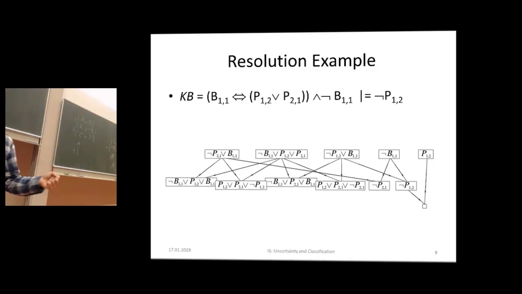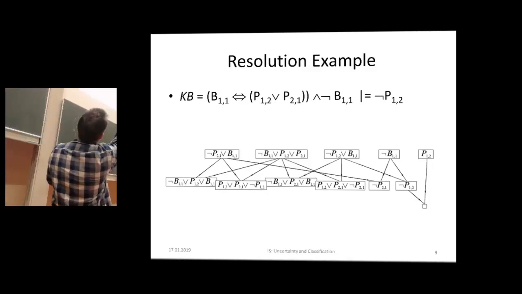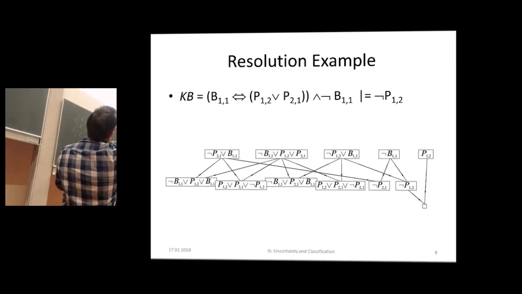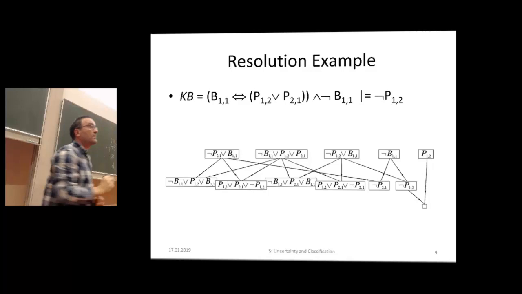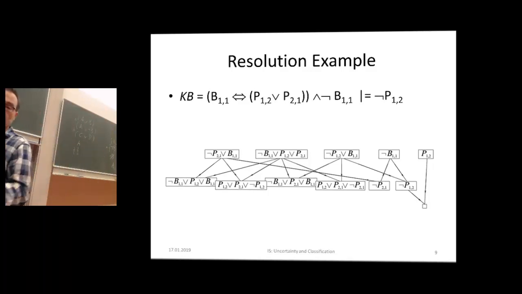And remember, we translated that yesterday into clausal normal form, and this is the normal form. So this is equivalent to these five clauses. So not P21 or B11 is the first clause, not B11 or P12 or P21 is the second clause, and so forth.